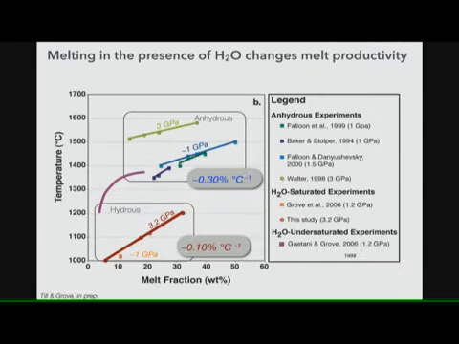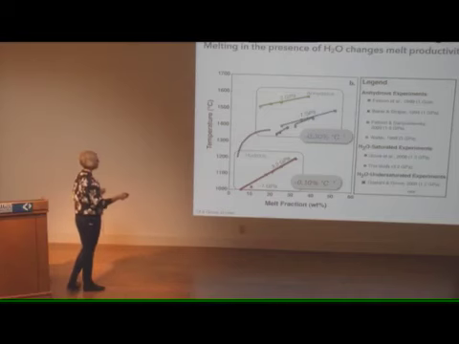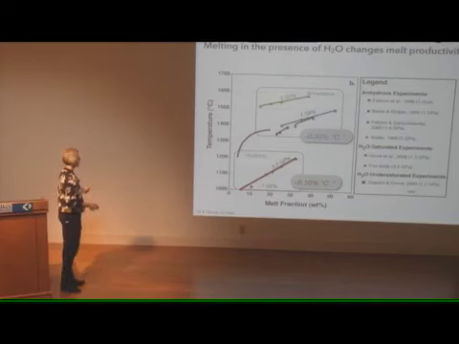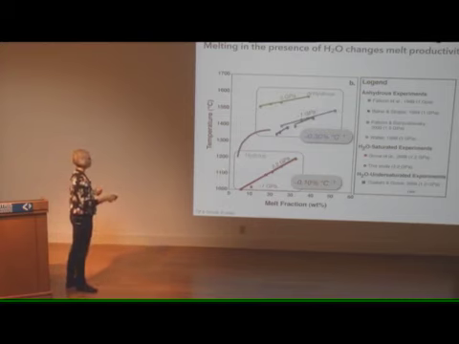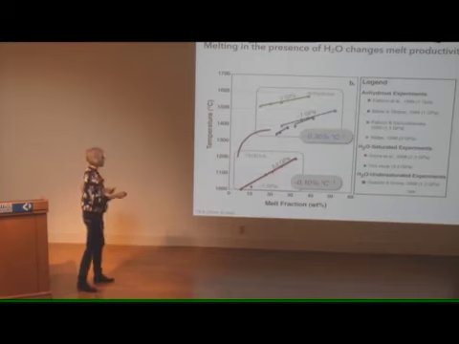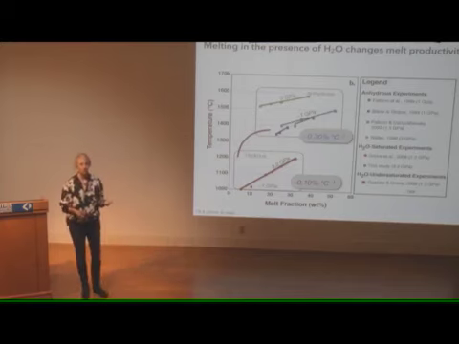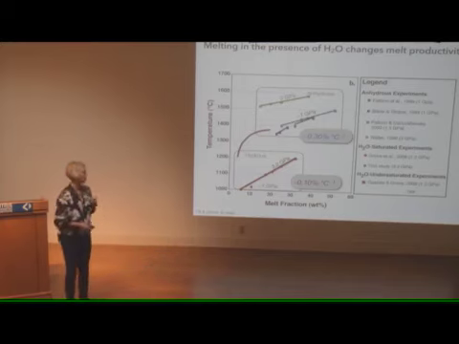The other thing that we change is the melt productivity: how much melt is generated for a given change in temperature or pressure changes when we add water to the mantle. Here is a family of experiments that are all anhydrous, and what I'm plotting is temperature versus melt fraction. Essentially the slope of this line is dF/dT, the change in melt fraction as a function of increasing temperature.